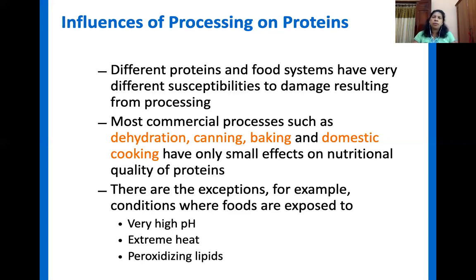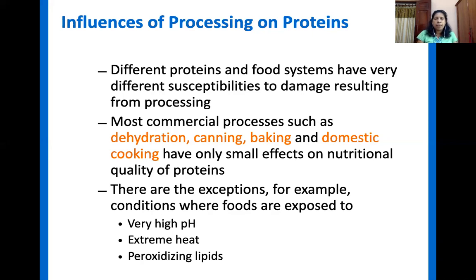Once we remove the water from the food product, it definitely does not damage the protein quality of the product, because we are not going to damage the peptide chain, and even if the peptide chain is damaged, we are not going to damage the amino acid composition, the amino acid molecules. Therefore, a dehydration process does not affect the protein quality, meaning whatever protein we are going to get into our body.